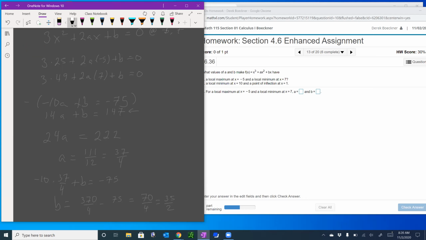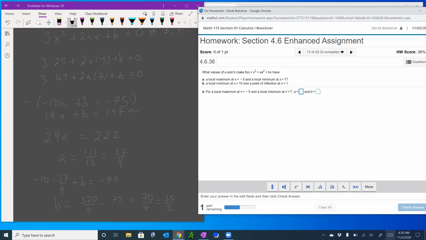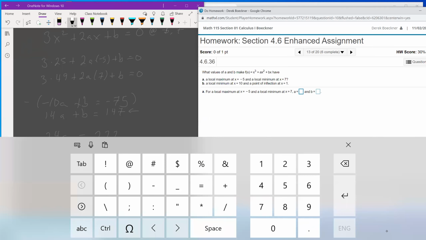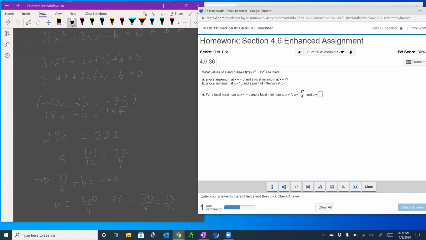So I got 37 over 4 for A and 35 over 2 for B.